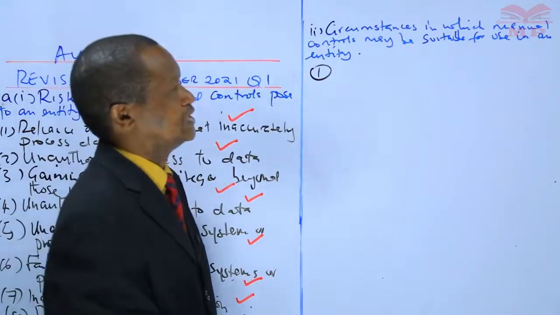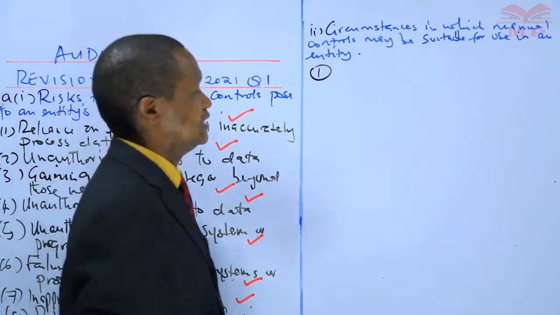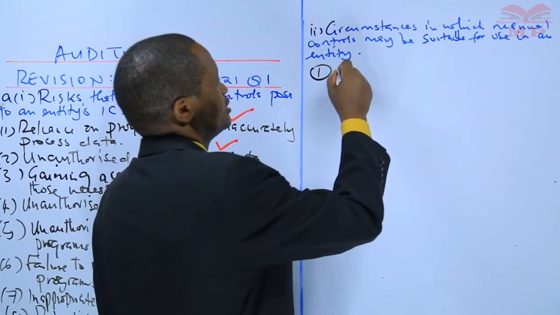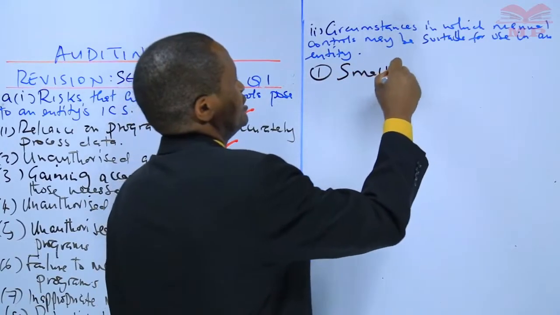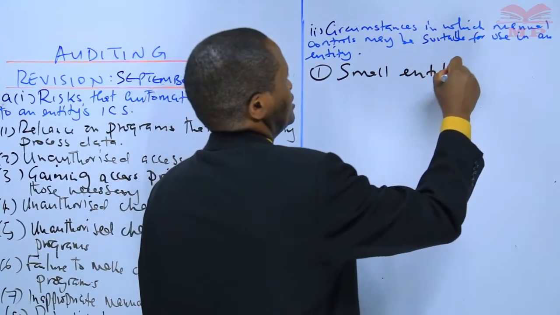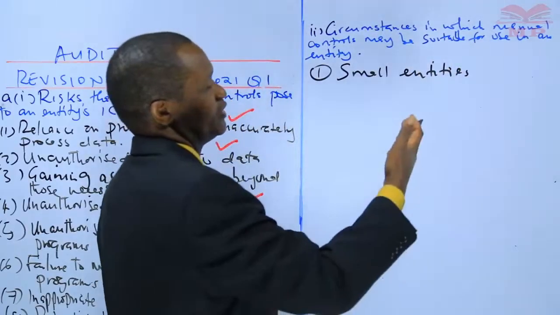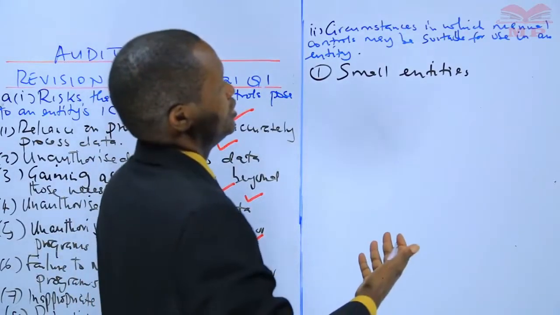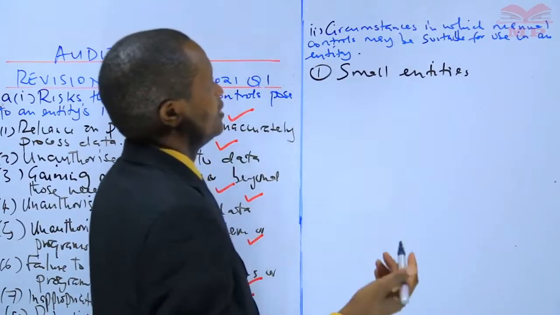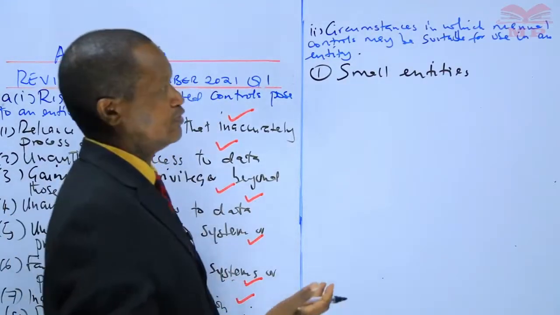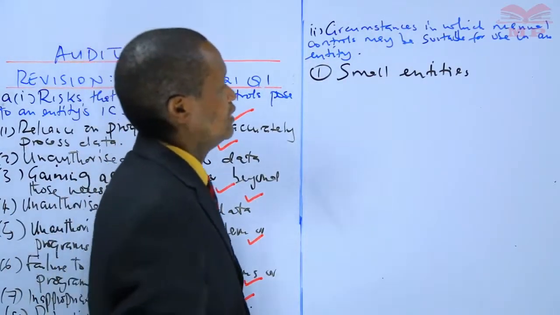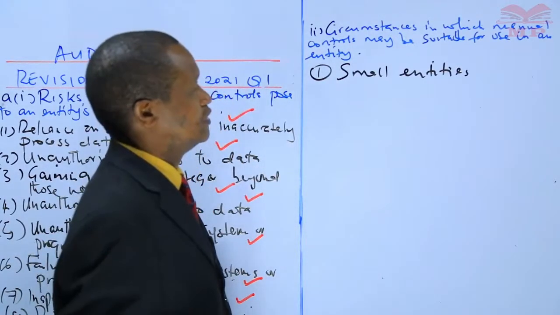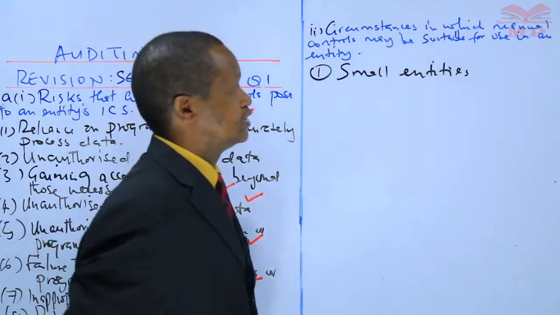All right, 4 marks. One obvious reason is the size of the entity. Where the entity is small. If an entity is small in size, then it may be suitable for the entity to have manual controls because of the cost implication and in terms of skills, in terms of equipment for automation and so on.